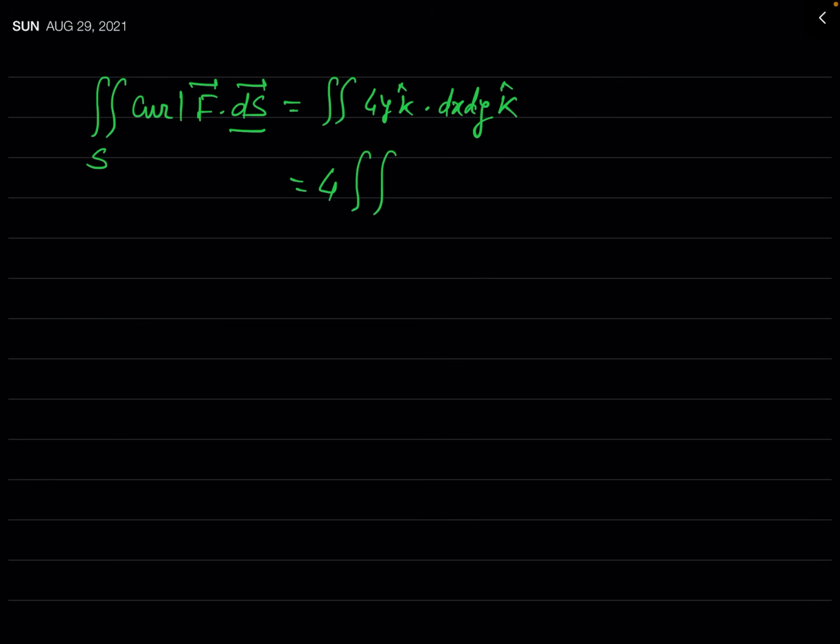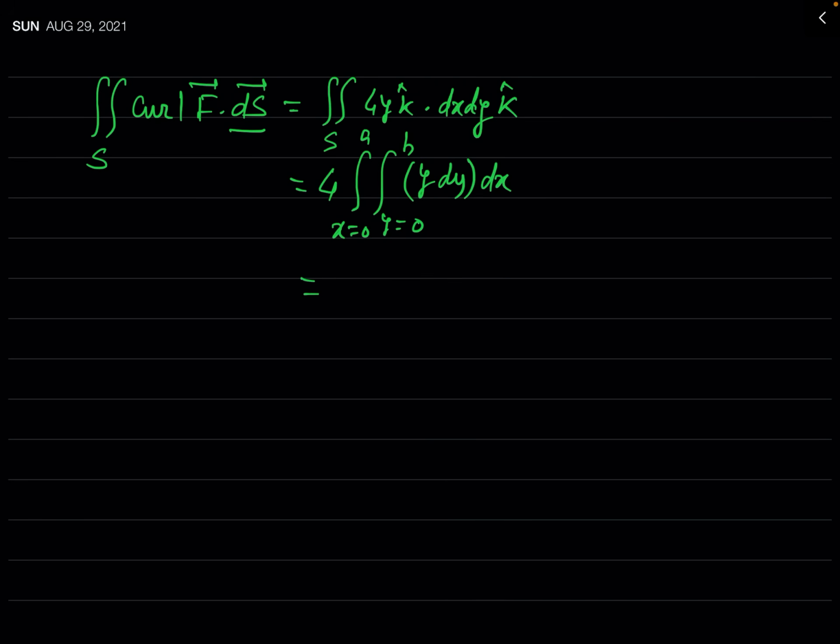Now here variables are x and y, so we will take the limits for x and y, and those limits you know are 0 to a and 0 to b. So x will vary from 0 to a and y varies from 0 to b, and this is y dy dx.